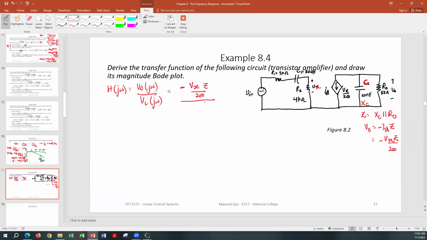And how can we write down input voltage in terms of Vx, or Vx in terms of input voltage? Vx is equal to V input times R2 over R1 plus R2, ohms voltage division. So V input is Vx times R1 plus R2 over R2.